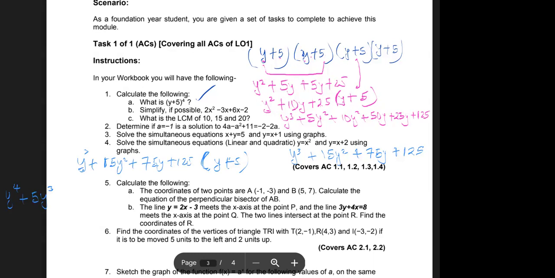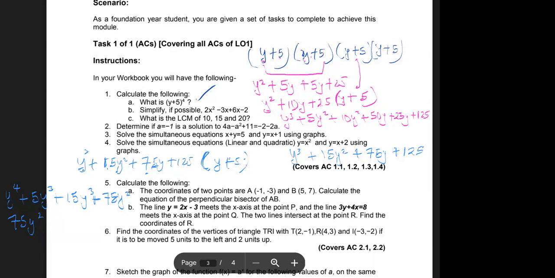15y squared times y gives you what? 15y cubed. 15y squared times 5, that's 15 times 5, which is 75. It's going to be what? 75y squared. 75 times y gives you 75y. 75 times 5 is what?